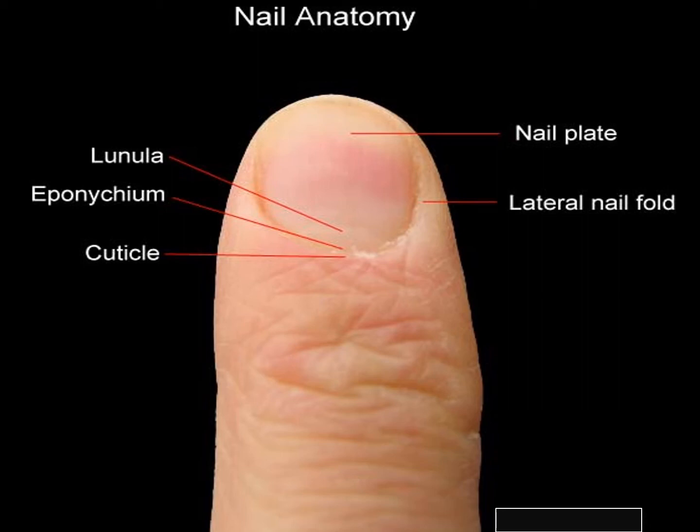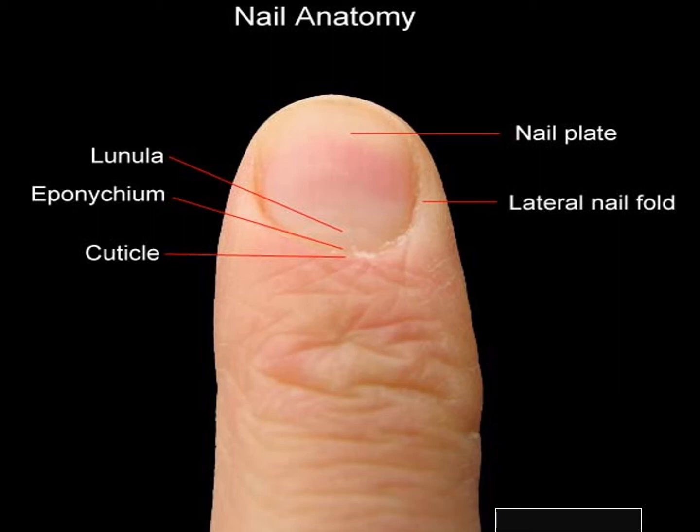The lunula is a moon-shaped, crescent-shaped white region at the distal end, and the cuticle is the protective layer between the nail plate and the rest of the skin of the distal phalanx.